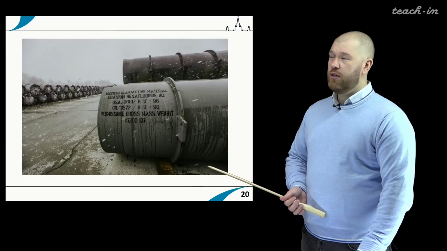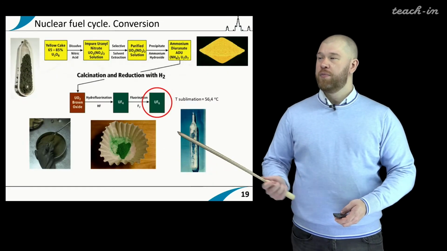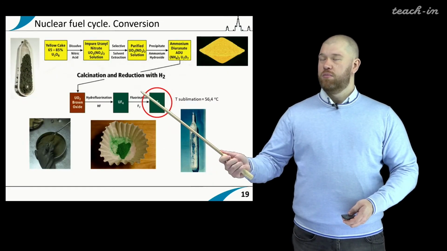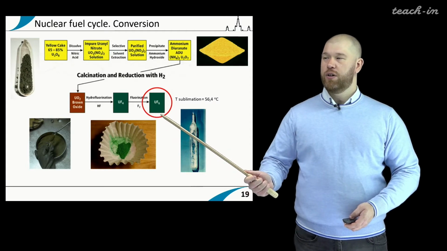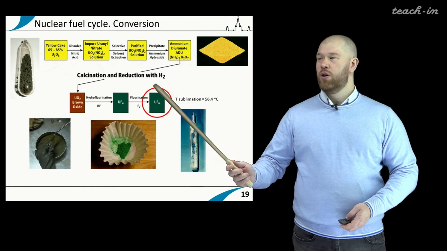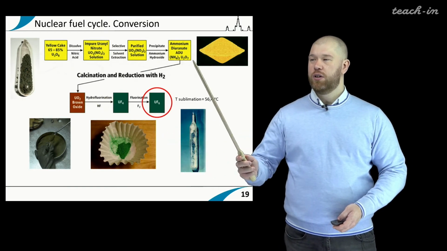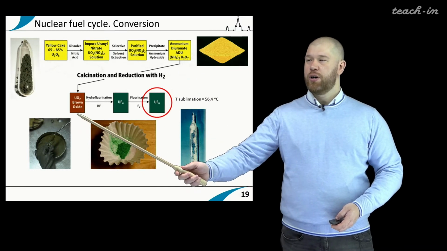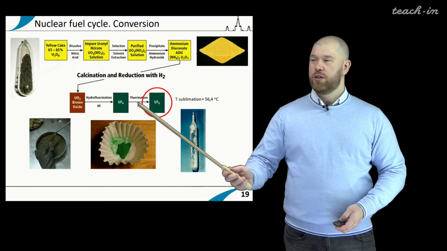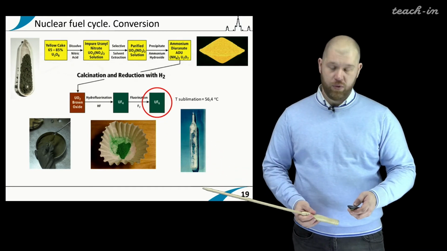But during this conversion step, the production of uranium hexafluoride from the initial triuranium octoxide, ammonium diuranate, or uranium dioxide, we call this conversion. So we produce uranium hexafluoride.